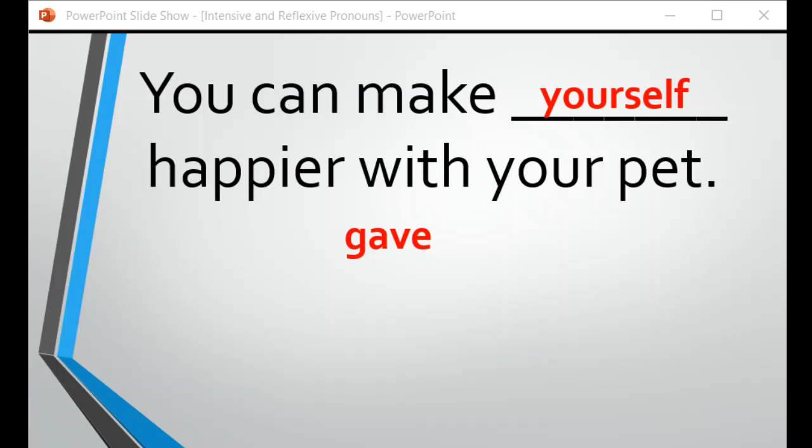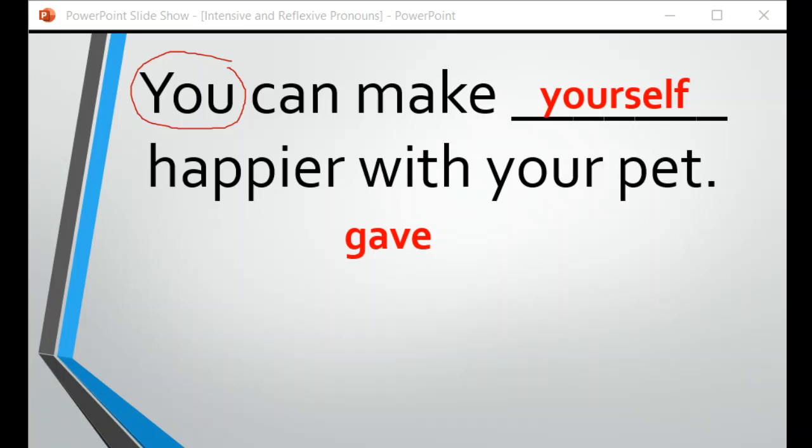Could you repeat? That's right. What then is your answer? Very good, because we have our subject you, then we can have our word to complete the sentence as yourself, because you and yourself are the same in its meaning.